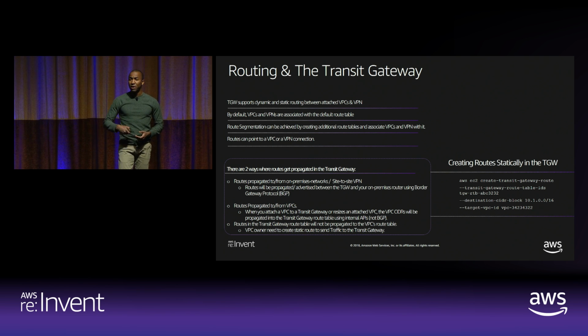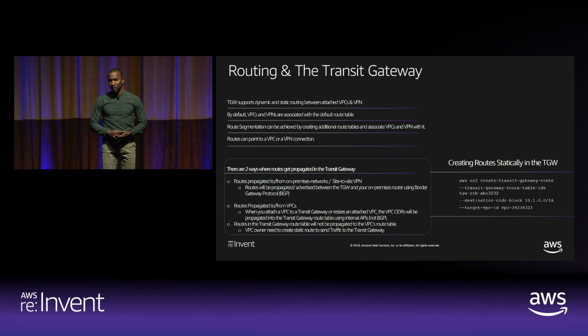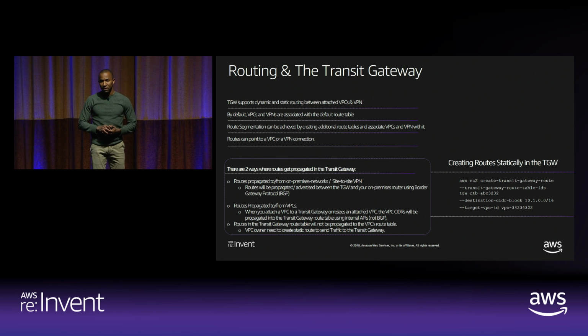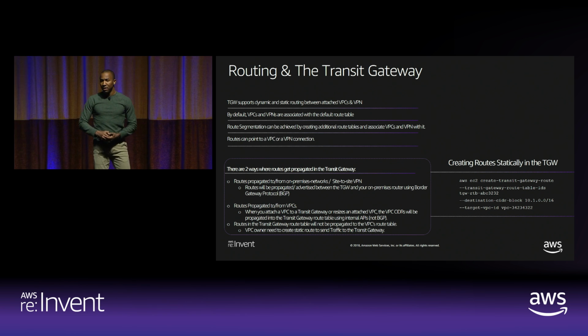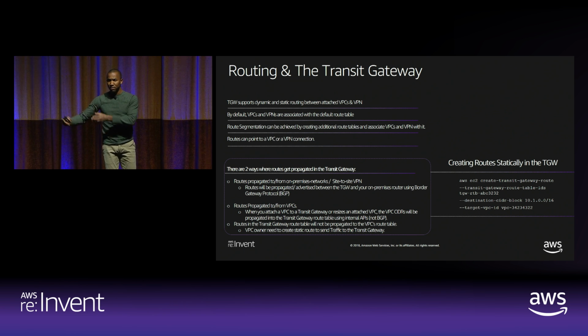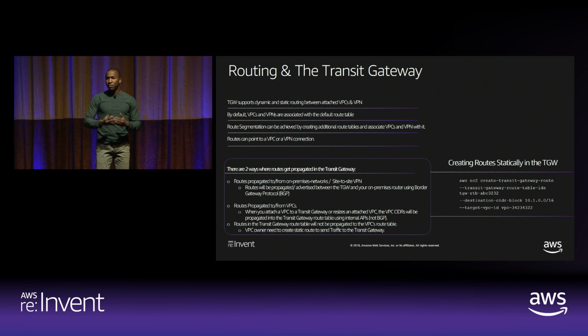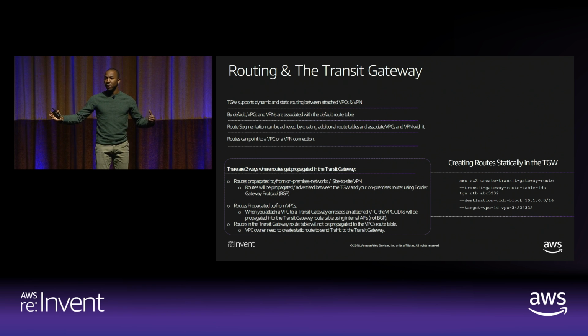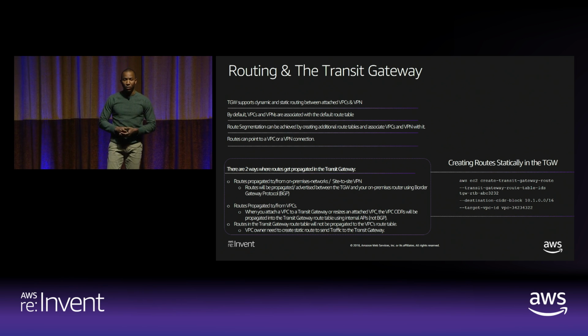You can create multiple route tables and multiple route table associations that allow you to segment VPCs and what those VPCs have access to. So if you have dev VPCs and you have production VPCs, these VPCs can all live in completely separate route tables, having access to different infrastructure or different ways of accessing your network.